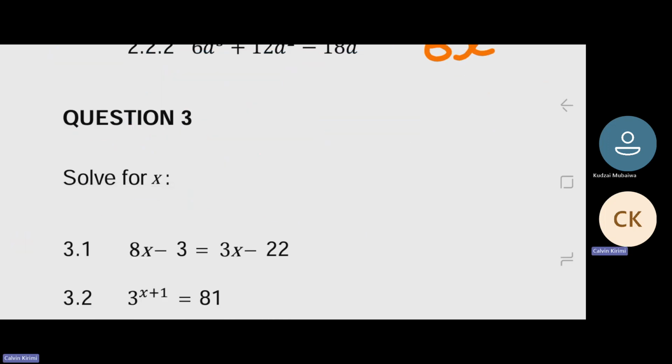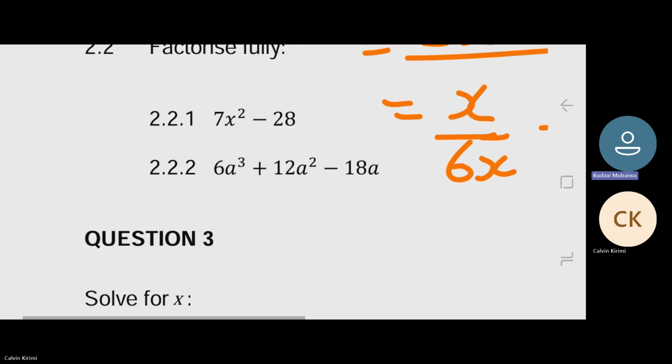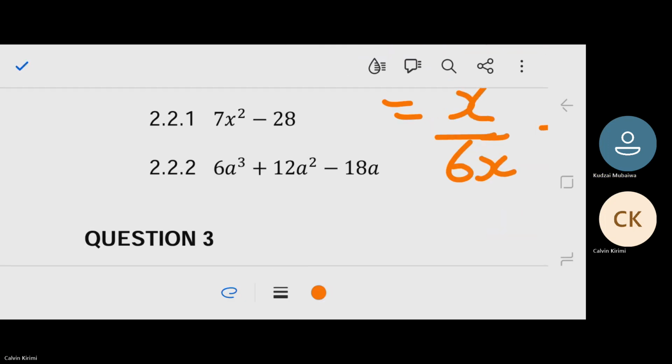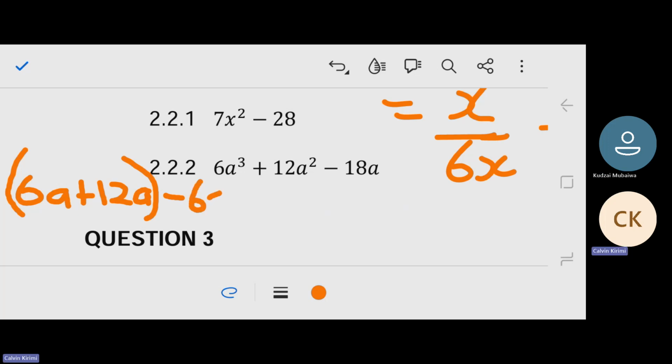Your answer is what? 6a, plus 12a in a bracket, like this, minus a. Minus 6a. Yes, sir. So it's done.